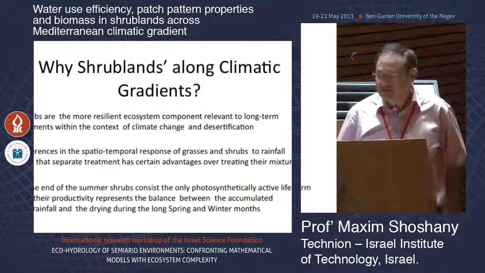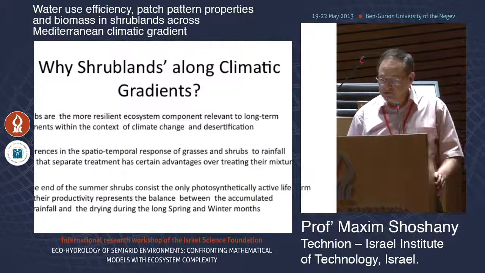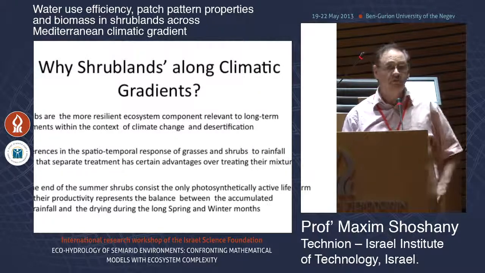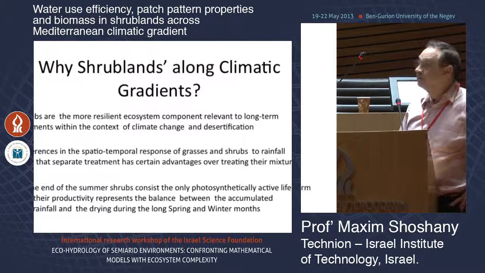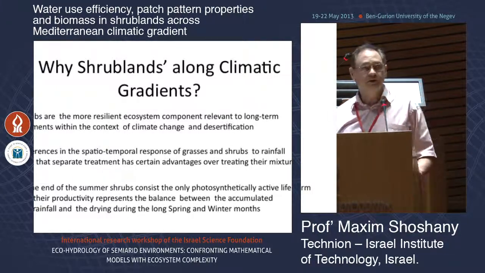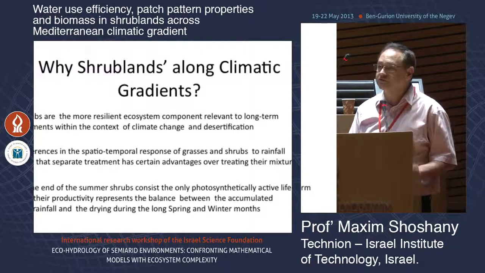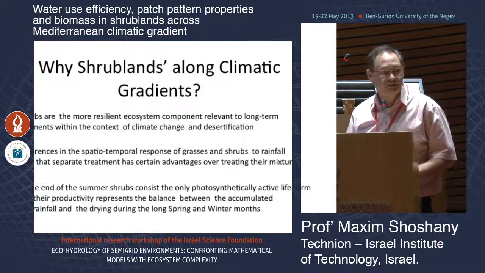So why shrublands along a climatic gradient? First, shrubs are actually a more resilient component in the ecosystems. So they provide us information regarding the long-term changes within the context of climate change and desertification.